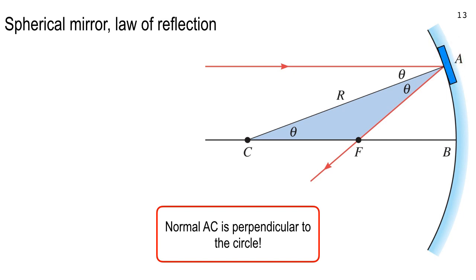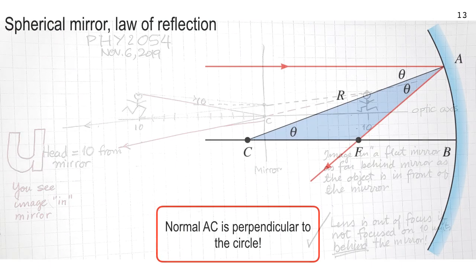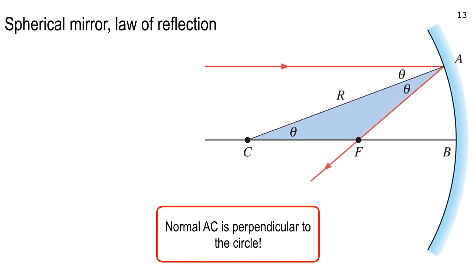Okay, so the spherical, let me back up. Here's a spherical mirror, so go ahead and draw a sketch of this. The center of curvature is point C. The radius of the mirror is this slanted line here on the upper side of this bluish triangle, so that's capital R for radius.